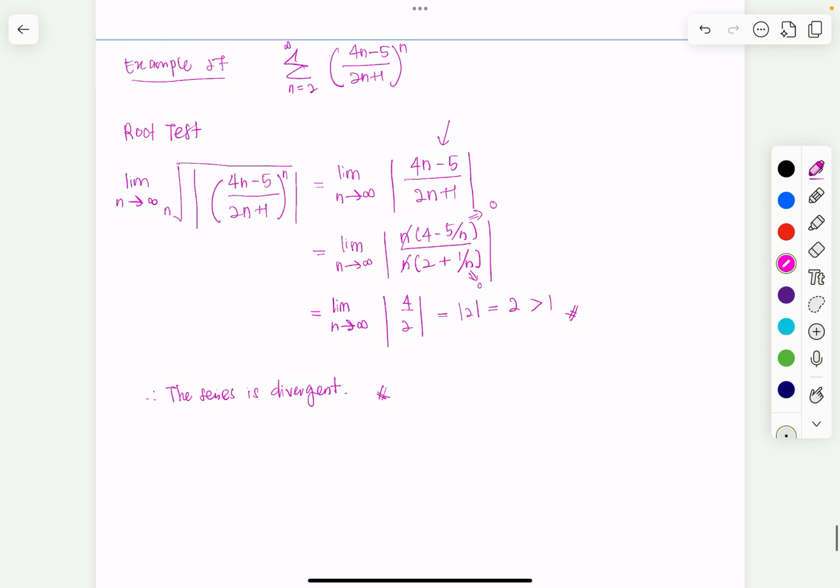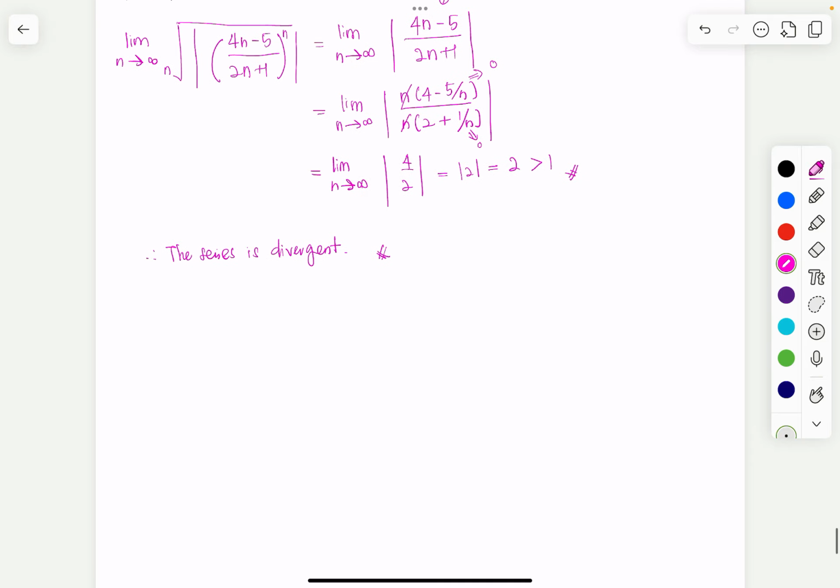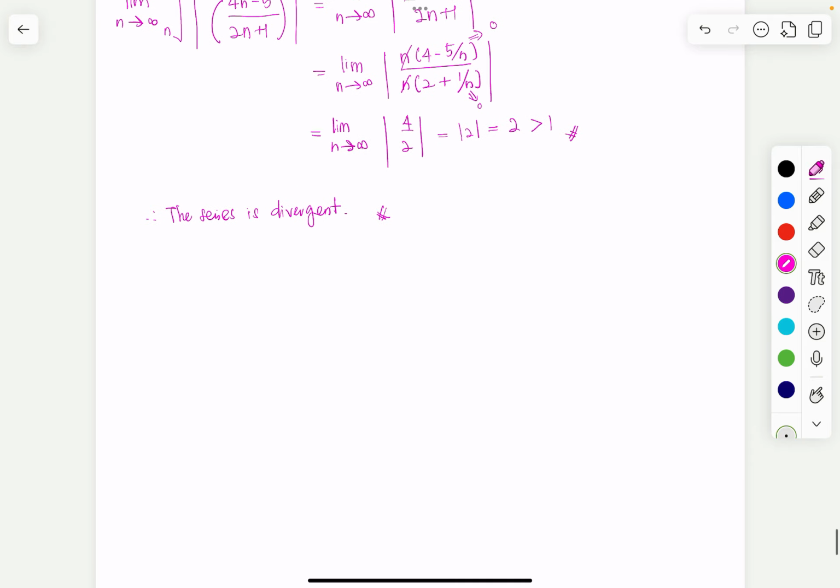Okay, next example, example 28. The given series, if you look, is actually an alternating series: negative 1 to the power of n over (ln n plus 1) to the power of n.